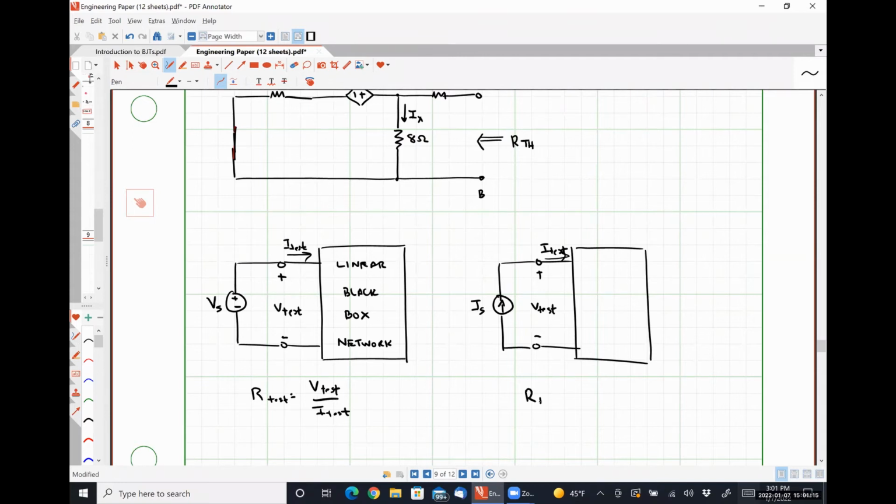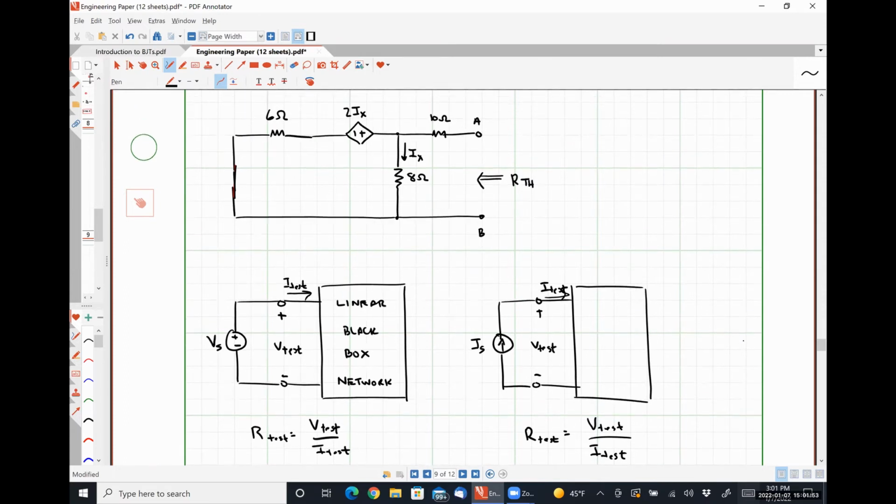We observe that the resistance of our material or network under test is simply V test over I test. So we are going to use our knowledge of Ohm's law and its fundamental derivation to apply what's called a test source method for determining the equivalent resistance of that circuit, that dead network containing a dependent source, okay?